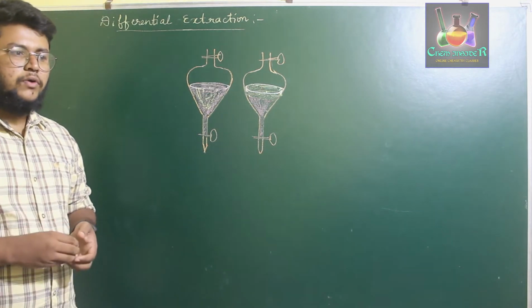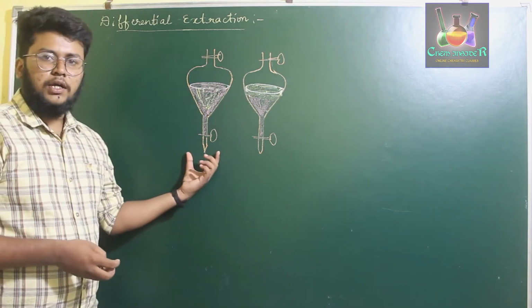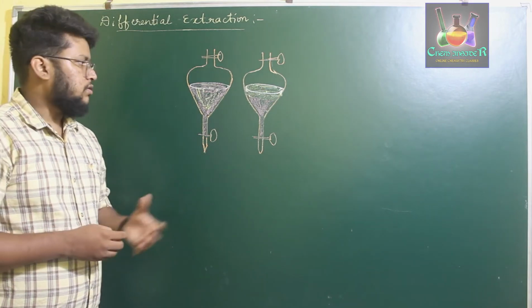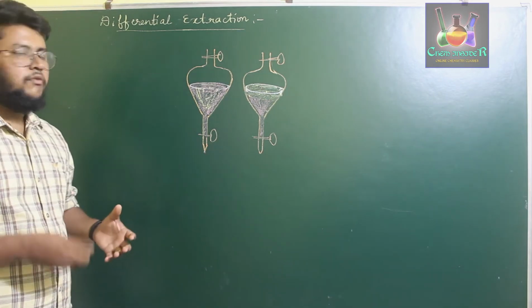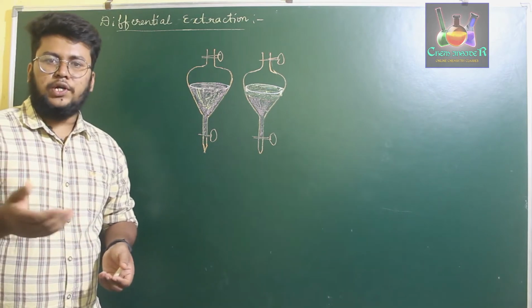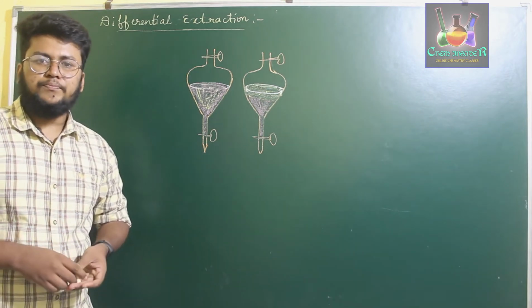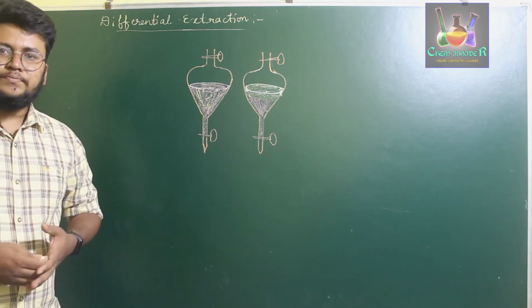Now what we do is we take the organic compound in a separating container like this. This is a separating container for extraction. In this container we'll add the organic compound which is already soluble in a certain different compound. Let us say it is soluble in water but to a lower extent.